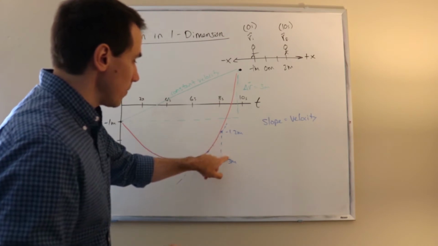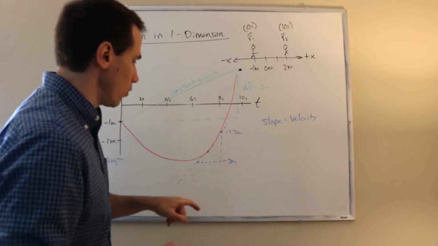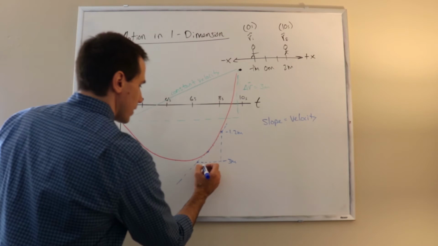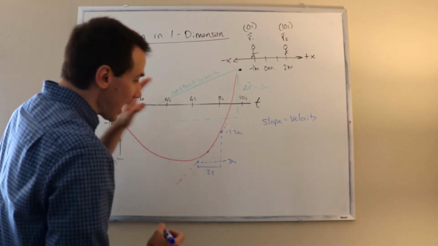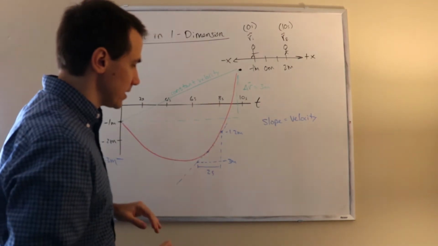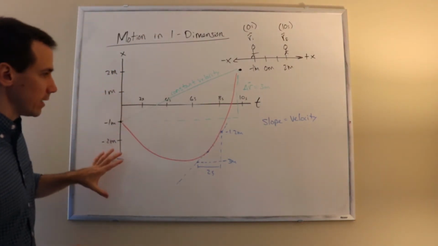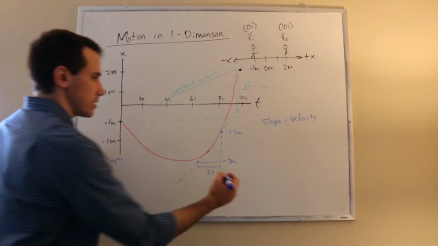So I know my change in position over that amount of time, and I know that this is 2 seconds. So I could estimate the slope of this line from my various things here.